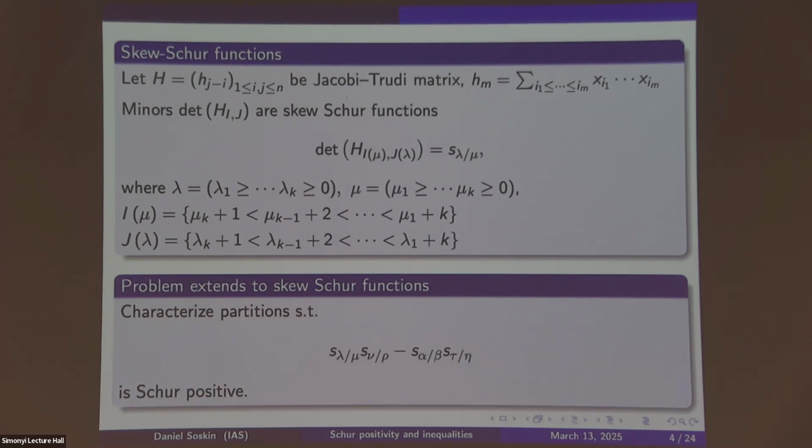And well, we can generalize this problem to characterization of products of skew Schur functions. We want to describe such four different skew shapes that the difference of products of those functions is Schur non-negative.